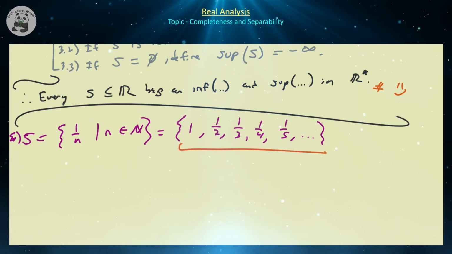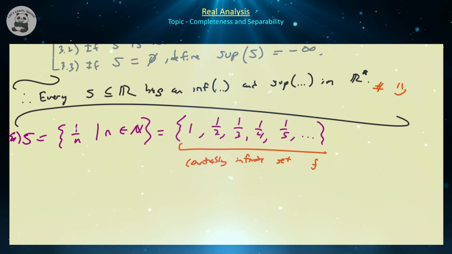So what type of set is this? Well, this is obviously a countably infinite set. And how could you prove that this is a countably infinite set? Well, obviously we can take f of x to be equal to 1 over x, where the domain of this is equal to the set of natural numbers.